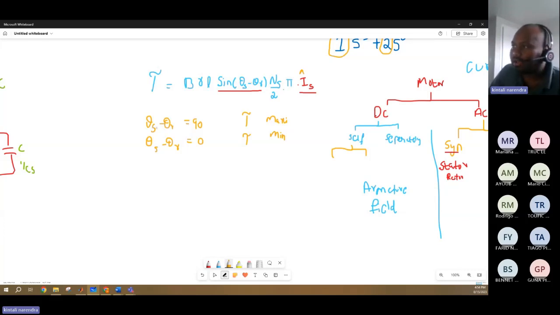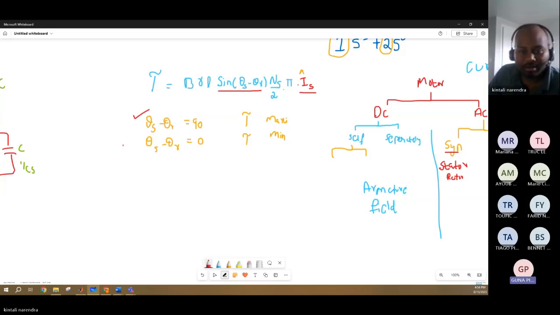If you can make the angle between the stator and rotor 90 degrees, then you can obtain maximum torque. If the angle between them is zero, you'll get the minimum torque. So in field-oriented control of a brushless DC motor, my aim is to make the angle between the stator and the rotor 90 degrees.